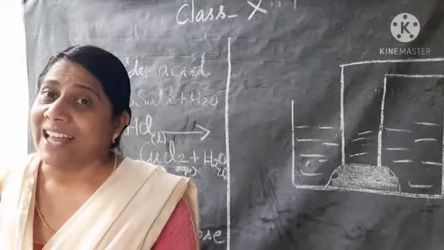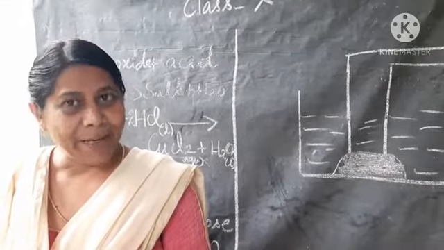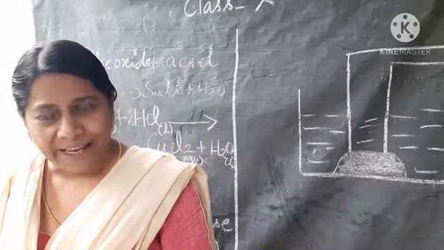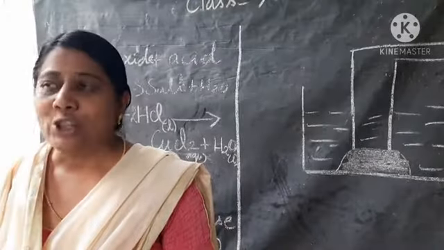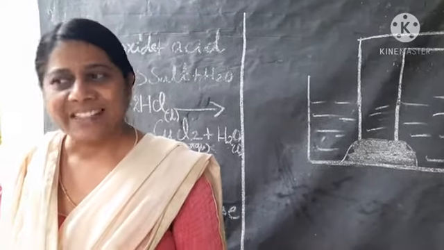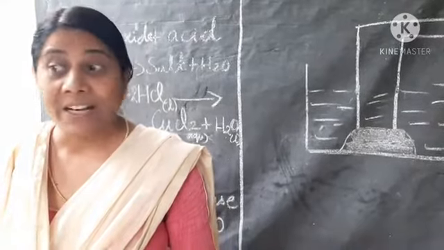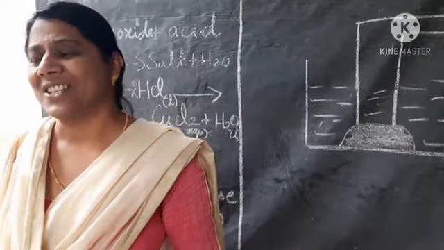In the previous class, we have discussed the chemical properties of acid and base. What are those properties so far we have discussed? Acid and base react with metal and with metal carbonate. And what is neutralization reaction?